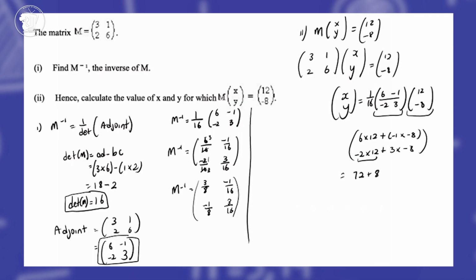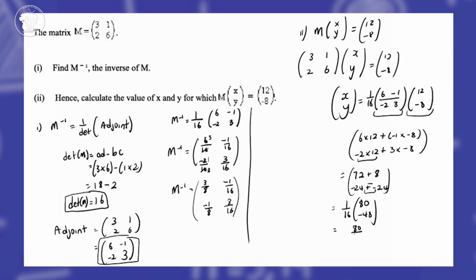And negative 2 times 12 is negative 24, plus 3 times negative 8 would be a negative 24. Hence, this will be simplified to 72 plus 8 would be 80. And negative 24 plus a negative 24, this is like negative 24 minus 24 would give me a negative 48. And then I have to multiply this by 1 over 16.